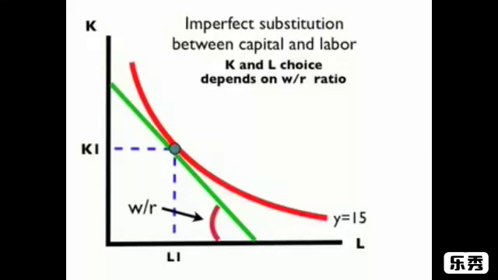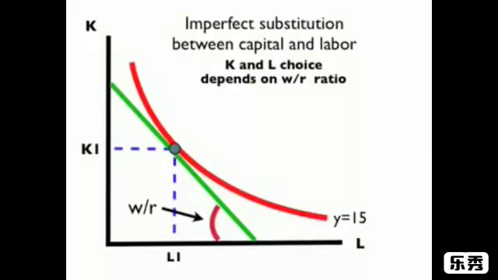This is the maximum amount of output for this level of cost, and it is represented by where the isoquant is tangent to the cost line.